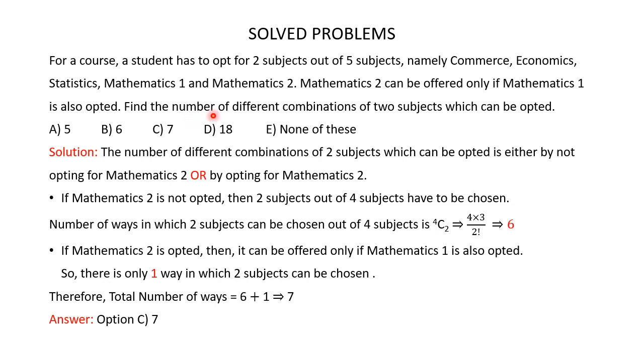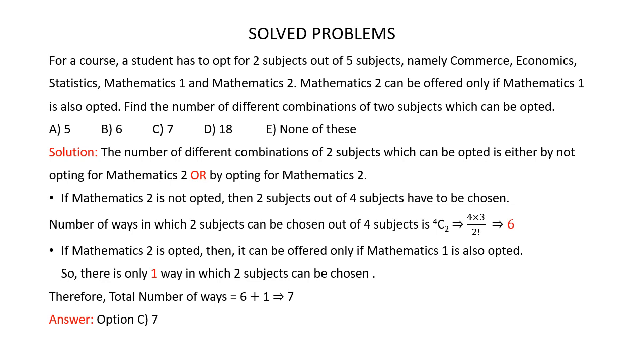Now let's find out the number of different combinations of the 2 subjects which the student can opt. The number of different combinations is either by not opting for mathematics 2 or by opting for mathematics 2. Now remember that OR means addition.